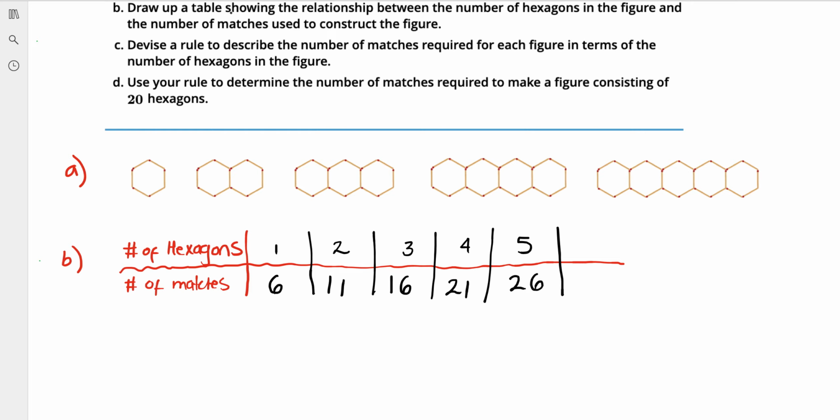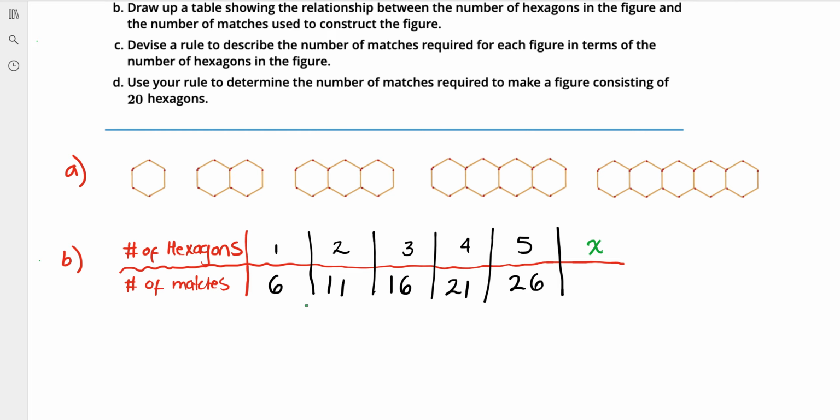Wonderful. So that's that. Then it says, devise a rule to describe the number of matches required for each figure in terms of the number of hexagons. So I'm going to use a pronumeral to say how many hexagons I have. I'm going to say this one is going to be x.